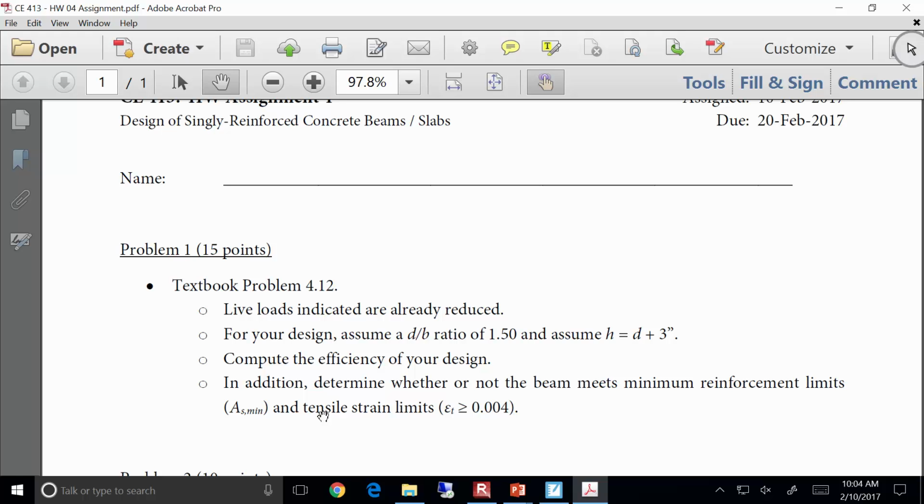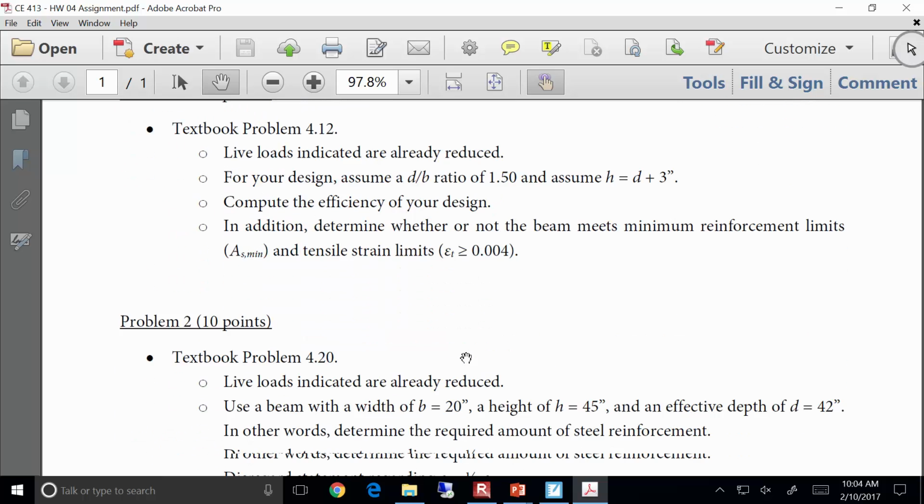The live loads indicated in the problem are already reduced, so you don't need to do live load reduction. For your design, assume a D over B ratio of 1.5 inches, and when you calculate H, just say it's D plus 3, which is what we used in our previous example. Make sure you compute the efficiency of your design, and check tensile strain limits and minimum reinforcement limits.